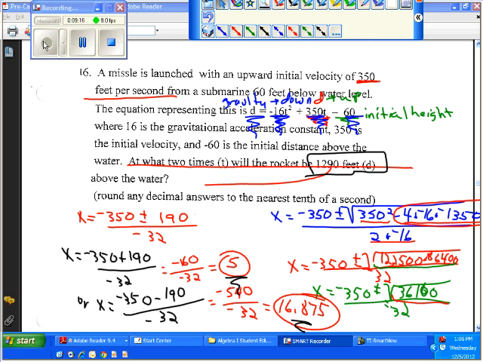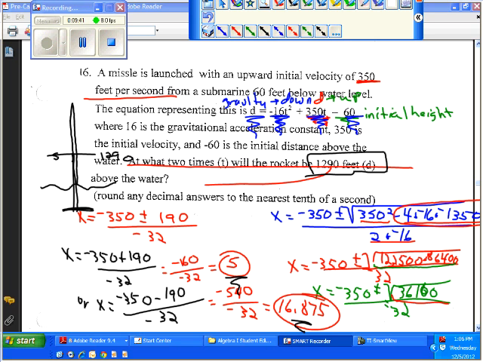Any questions on number 16? You're right. Yeah, so it's going to get to that level because it started out underwater, right? So it's going to get to that level at 5 seconds.